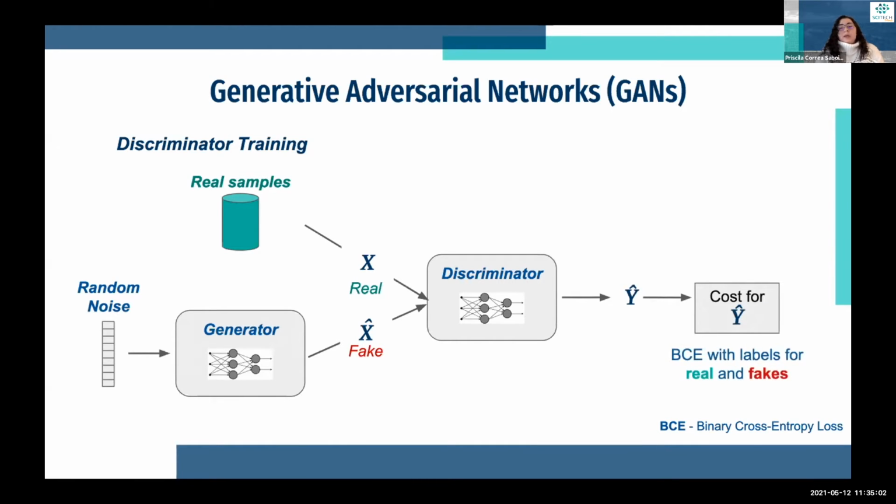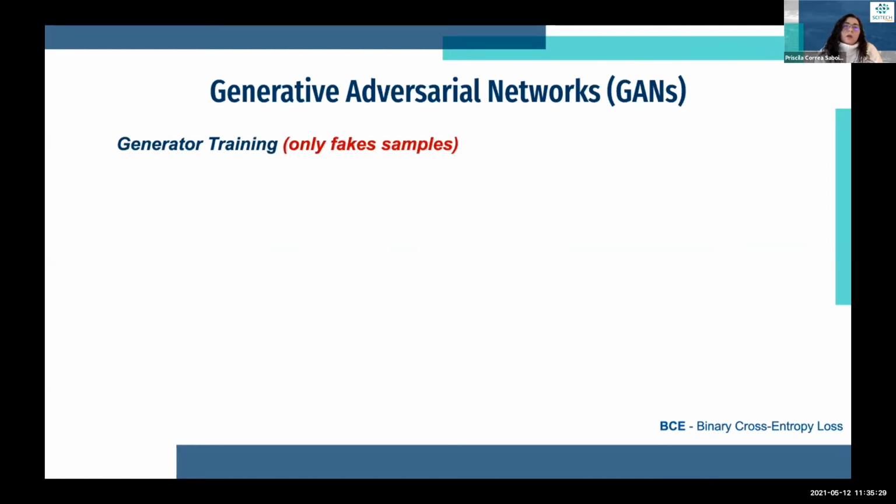Okay, for example, we can use a loss like BCE, that is binary cross entropy, and calculate the cost using the labels for real and fake, because here we have two classes as inputs, and then we are backpropagating this for the parameters of the discriminator to be updated. So this is the step for the discriminator training.